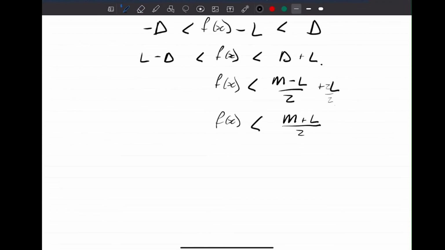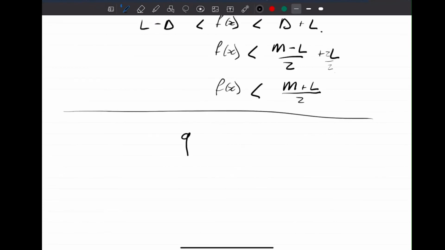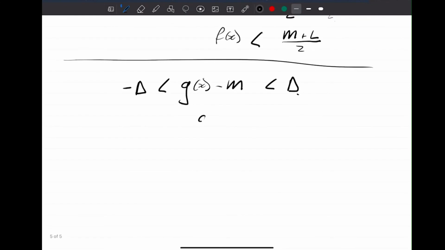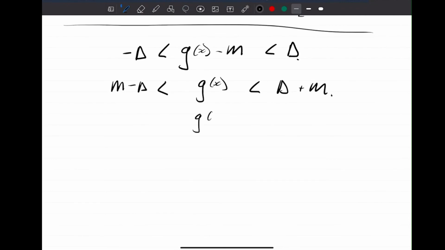Okay, and now let's do the other side for g. So g of x minus m is between minus D and D, and let us add an m everywhere, so m minus D is less than g of x, less than D plus m. And in fact, we only need the left-hand side here. g of x is greater than m minus, m minus L over 2.